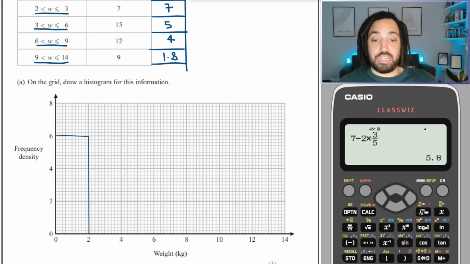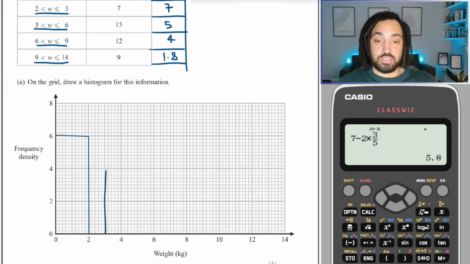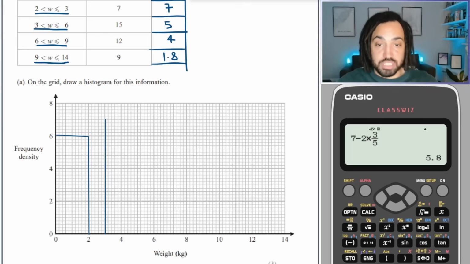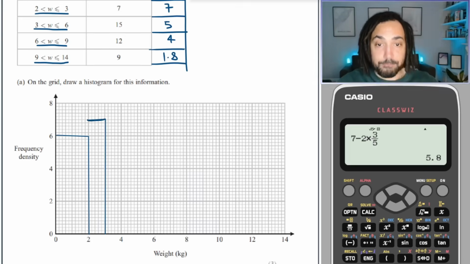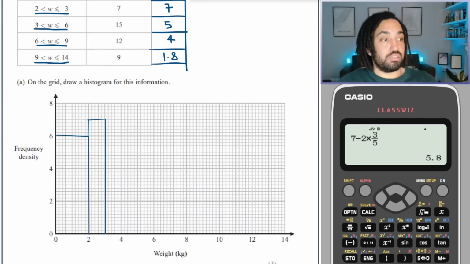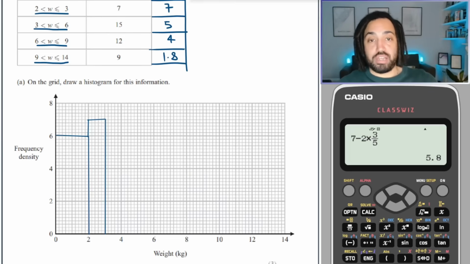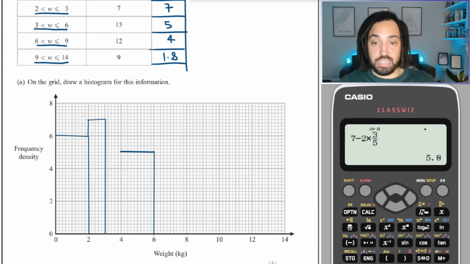The next one has a width of 1, so it goes from 2 to 3, and that goes up to 7, which is about here. So that's that part done. And then 3 all the way to 6, and that has a frequency density of 5, so that goes up to here.